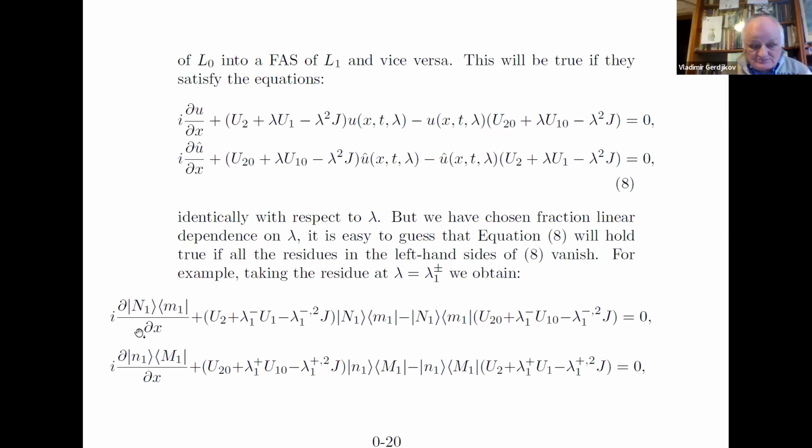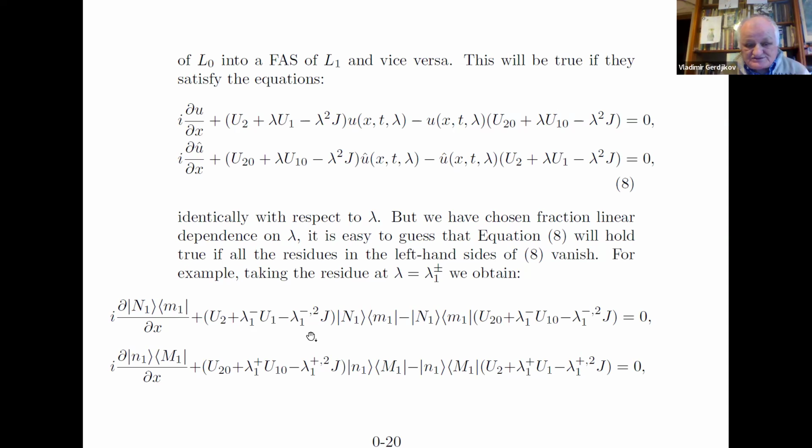This is a column, and this is a row. Then we have taken the limit lambda to lambda 1 minus.